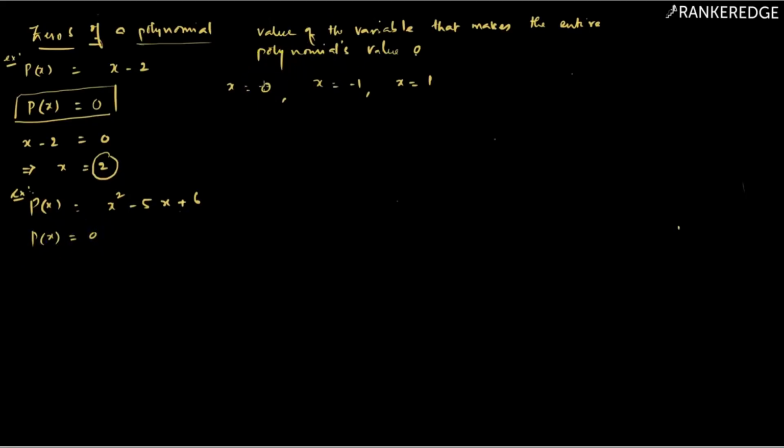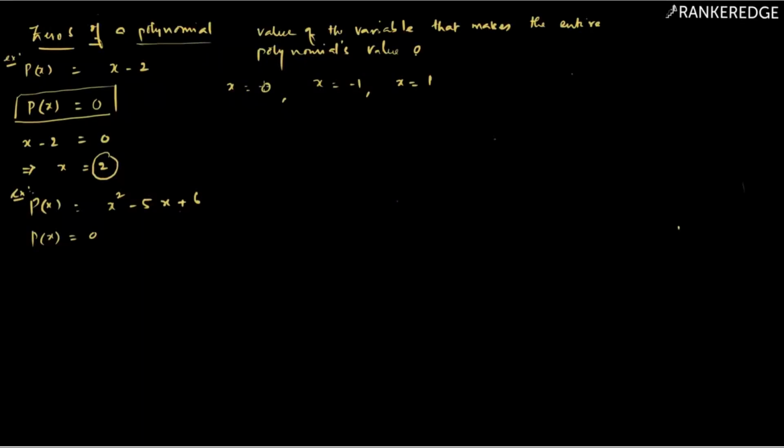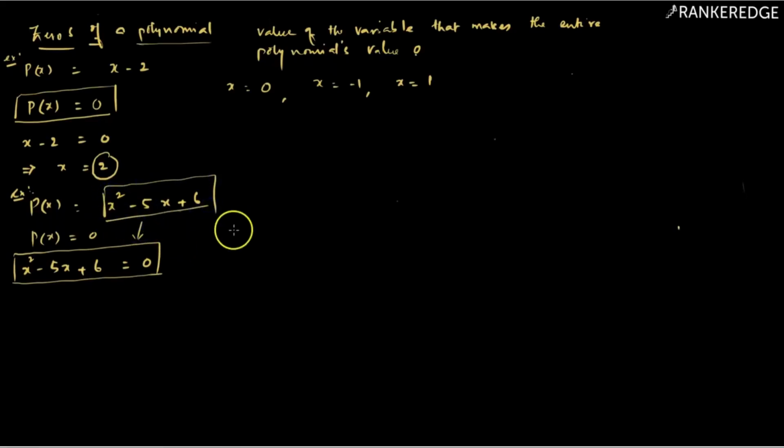I have to find the value of this x such that that value of the variable x makes the entire polynomial's value 0. So I have to set this polynomial's value to 0. I'm getting an equation that I have to solve. From an expression like this, I'm converting it into an equation by setting it to 0 to get the values of x. Those values of x would be the zeros of this polynomial.